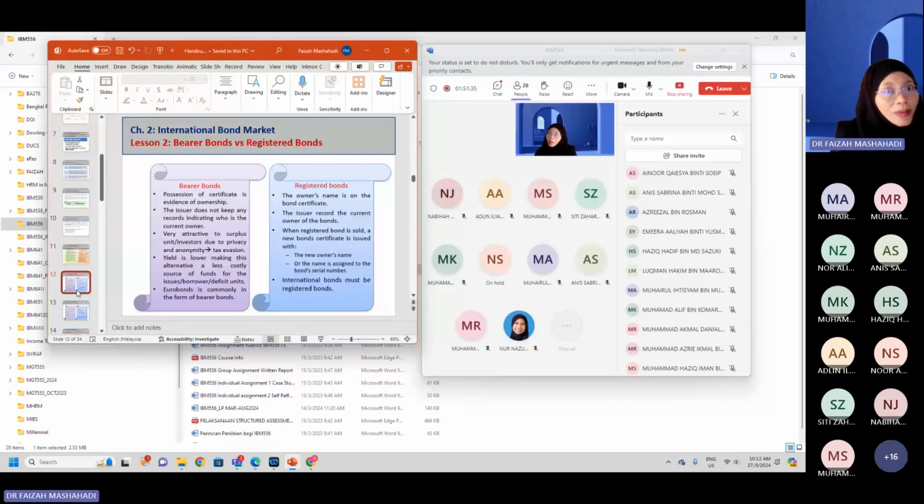Because for bearer bonds, if the bonds get stolen, whoever holds the certificate is the owner of the bond. So in terms of security, registered bond or international bond or foreign bond is more secure.